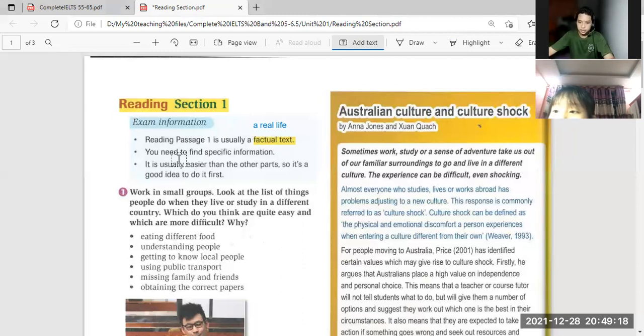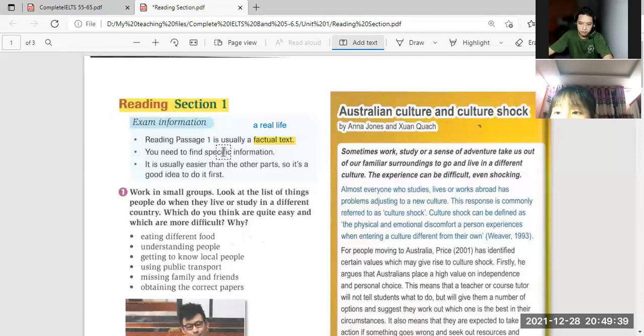Okay, can you read that? Reading passage 1 is usually a factual text. Okay, so what is factual? It's real life. Real life, okay? So you need to find specific information.